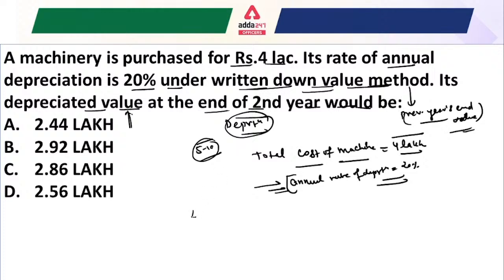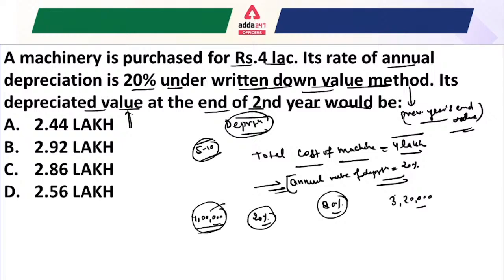The value of the machine is 4 lakh rupees, and it is depreciated 20%. That means the value is reduced by 20% for the first year, so the 4 lakh value becomes 80% of it. That means your machine value would be 3,20,000 rupees, isn't it?